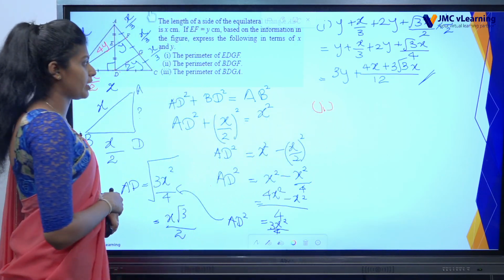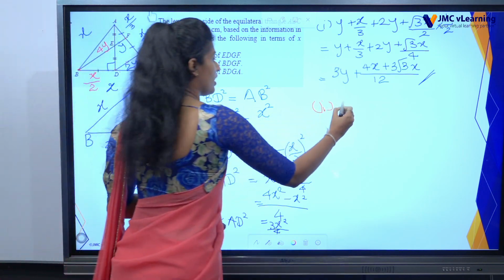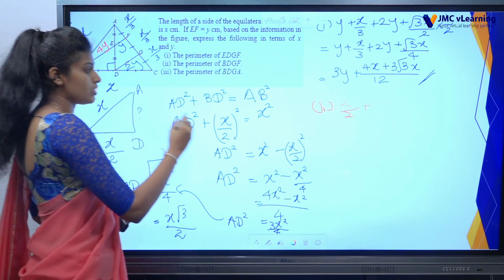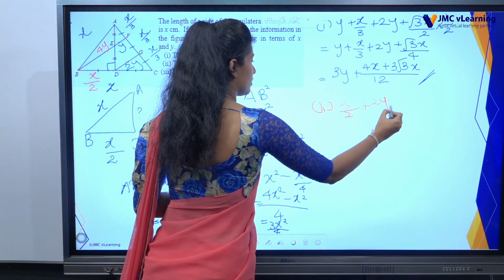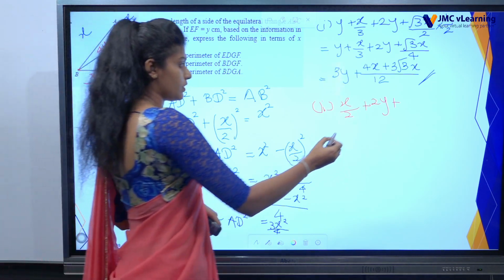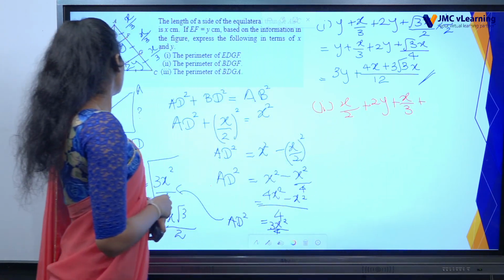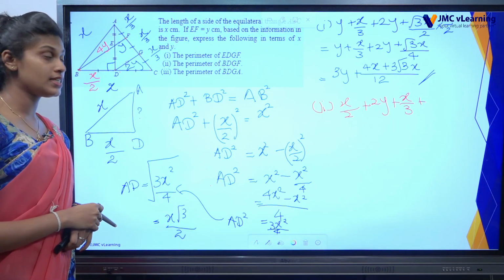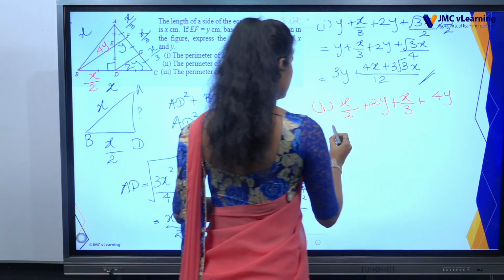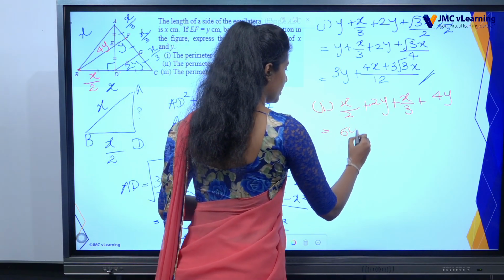Part 2, the perimeter of BDGF. Then BD, x over 2, add DG, 2y, add GF, meaning x over 3, add the value of BF, it is 4y. Let's add 2y, add 4y, 6y.